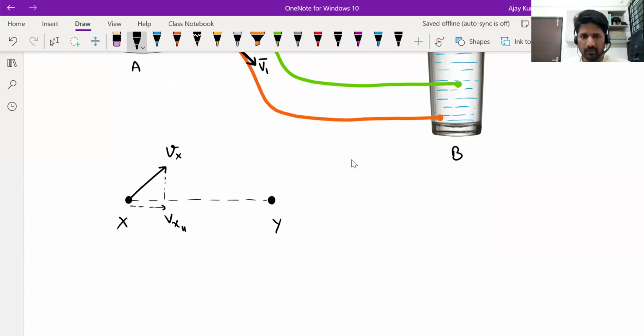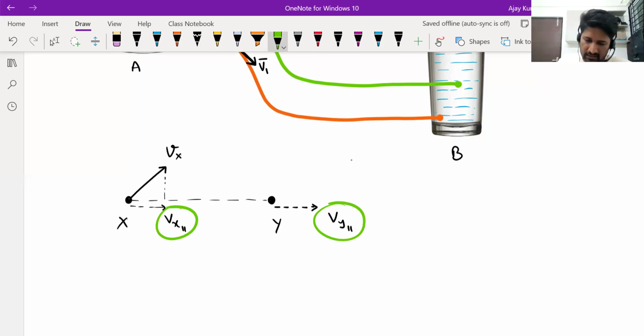Now y also could be moving, and y also must have the same velocity along this line. Vy parallel should be equal to Vx parallel. Why? Because if they are not equal, the distance between them will change, which is not allowed in a rigid body. Next, x could be having a velocity perpendicular to the line joining them also, Vx perpendicular.